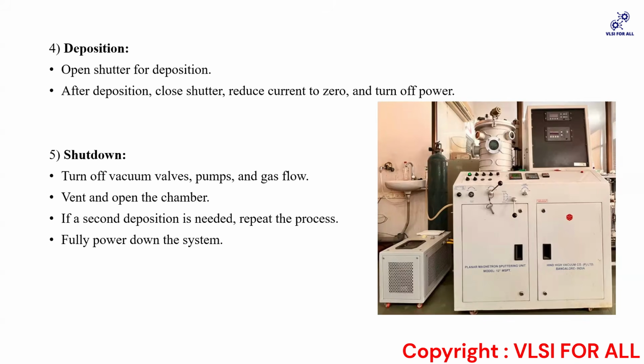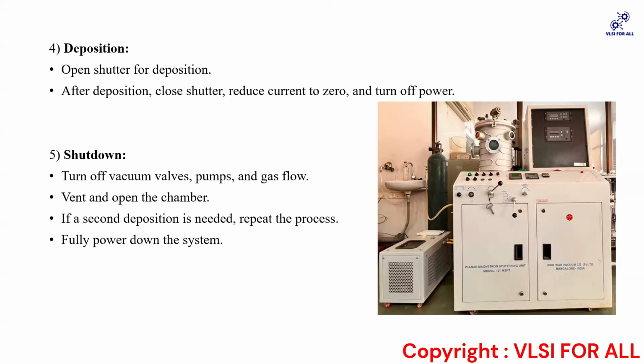Depending upon the time and temperature, it deposits uniformly. We need to set the time beforehand and check the RPM, rotations per minute. The target should be rotating in such a way that it doesn't get directly exposed to the substrate.